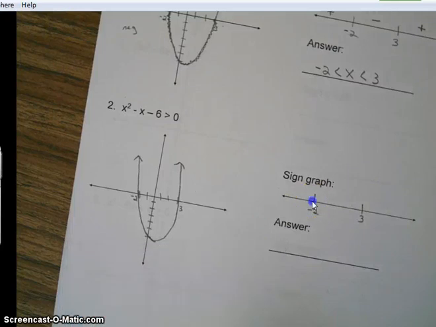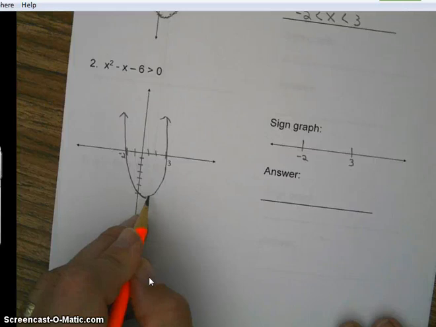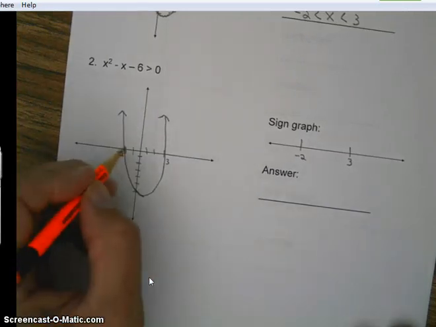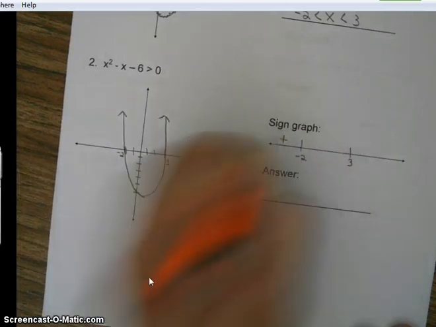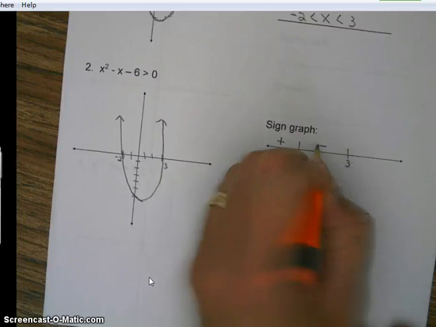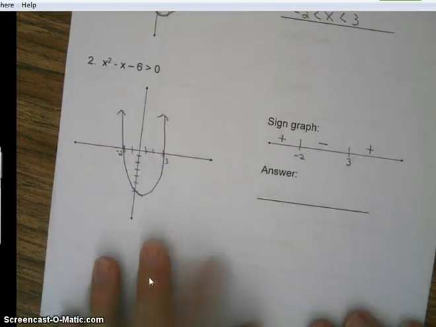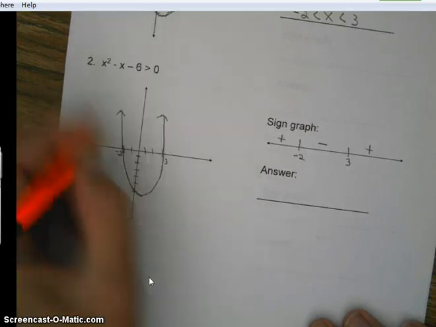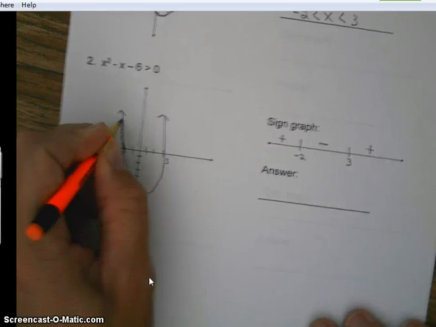Okay, let's see where we're at here. I drew it again, probably not as good as the first time. But this time, notice the sign left of negative 2 is still positive. The sign between negative 2 and 3 is negative, and it's positive on the right. So the sign graph stays the same. Now, greater than, so we're going to shade the graph above y equals 0.